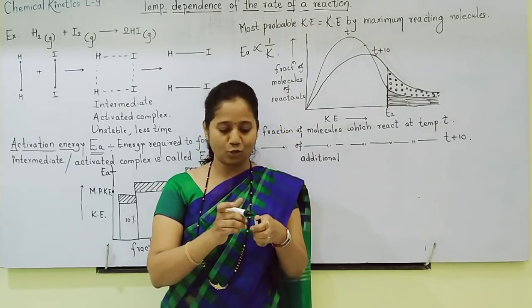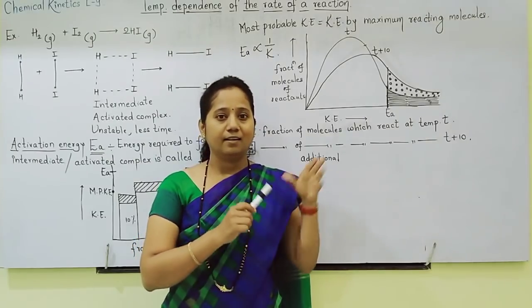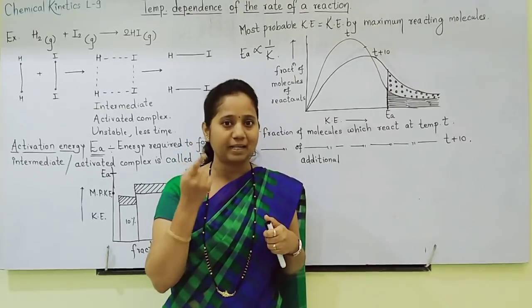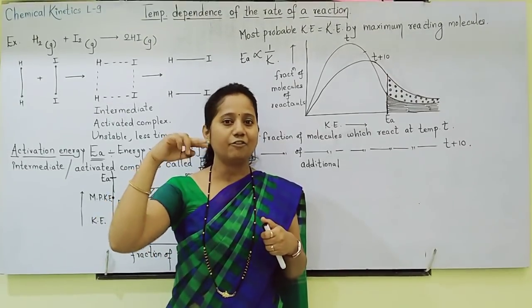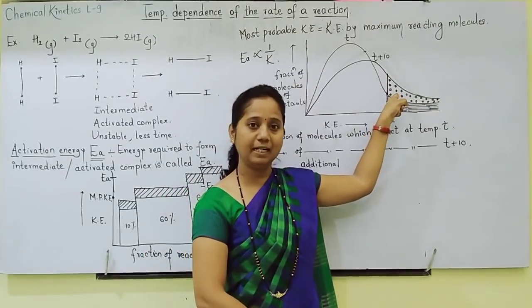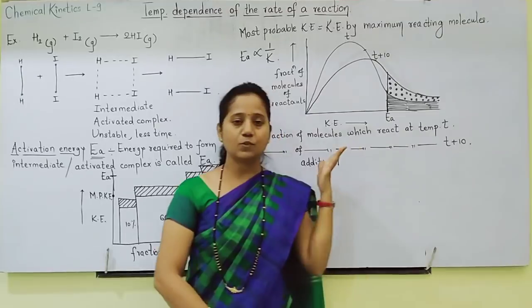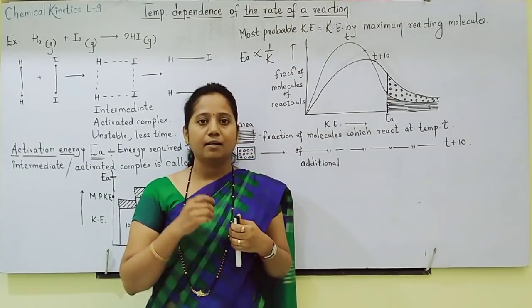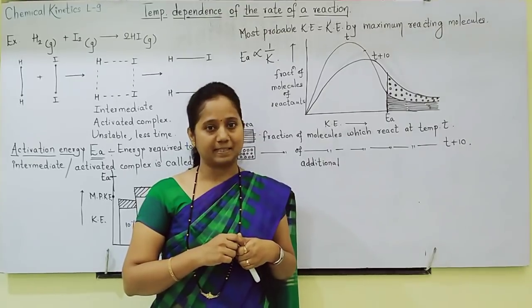This is how you should understand temperature coefficient. Whenever there is rise in temperature by 10 degree, rate of reaction doubles, rate constant doubles, area has become double. Okay, so this was all about what is activation energy and what is Boltzmann factor.